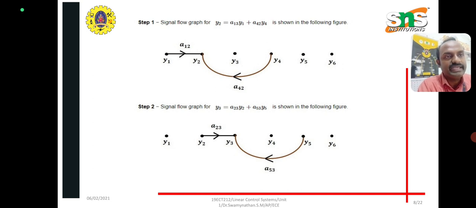And a53 means the gain from 5 to 3; the arrow from 5 to 3 defines a53.